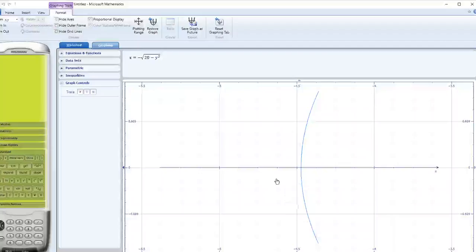Yeah, try use Microsoft Math. If you don't know how a function looks, feel free to graph it on Microsoft Math or use the table function on your calculator.